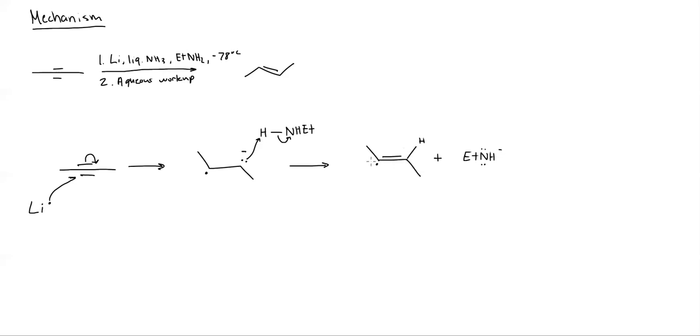But now what's going to happen is another lithium is going to come in with 1 electron, and it's going to donate the other electron to this, okay? So to that. And so that's going to give me a lone pair there finally. So now I'm going to have 2 electrons there.